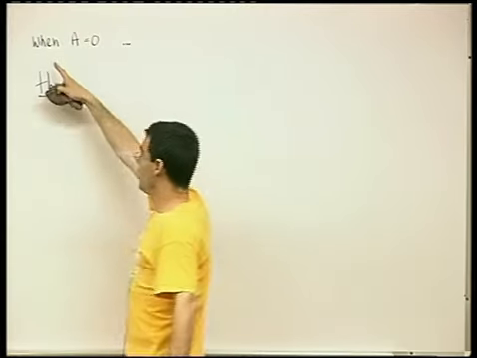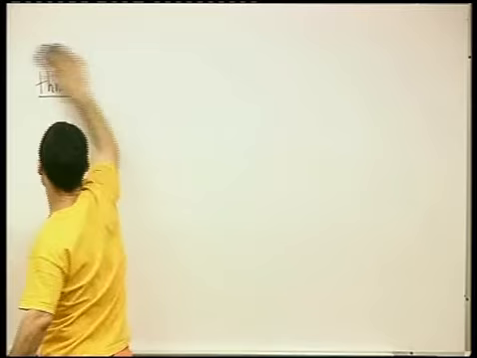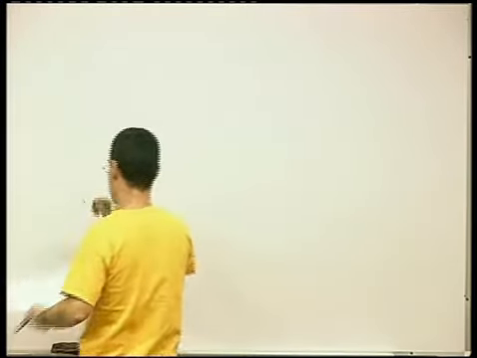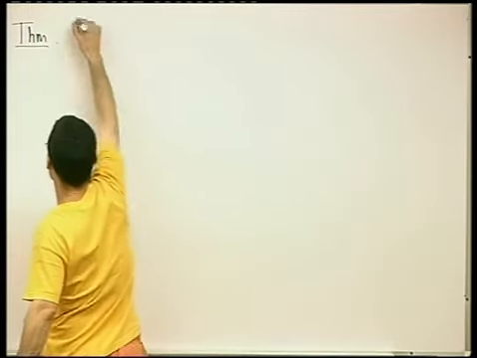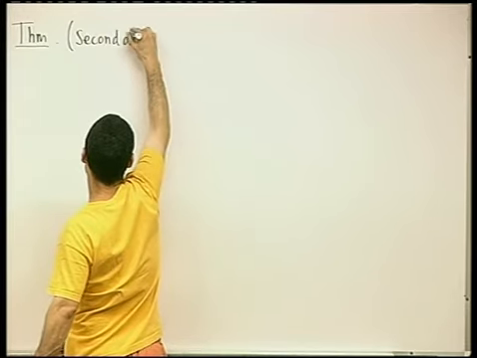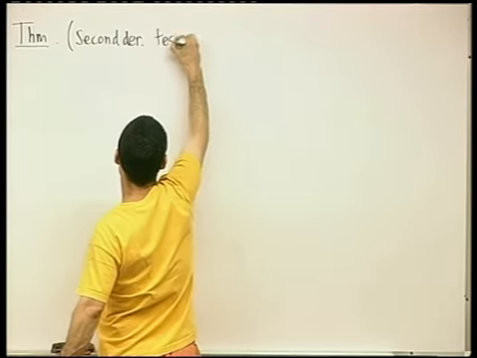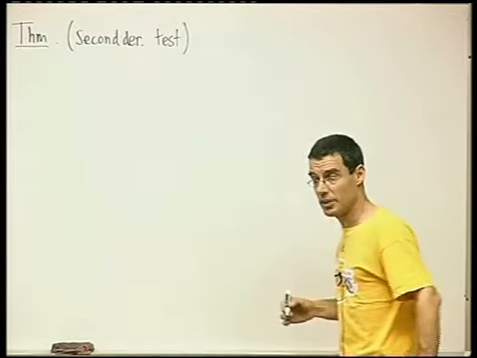Did everybody write when A equals 0, homework? I want to erase it and write the theorem on top so we can keep it on the board for the example we're going to do. So the theorem, so this is the second derivative test, or the two-variable version of the second derivative test.